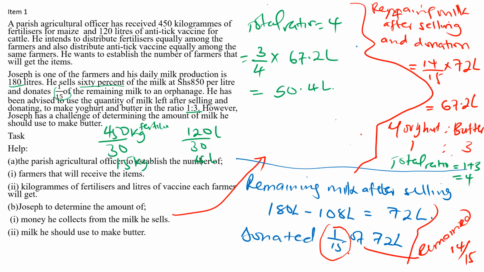So here we shall come and we'll give a conclusion and we say that he should use 50.4 liters of milk to make butter.